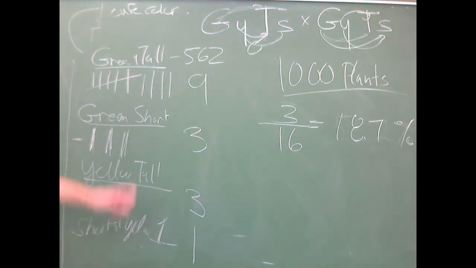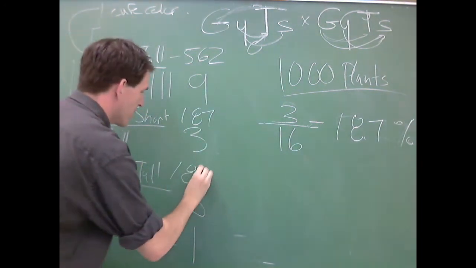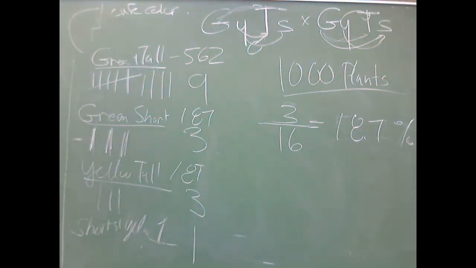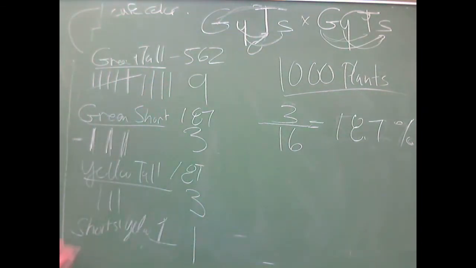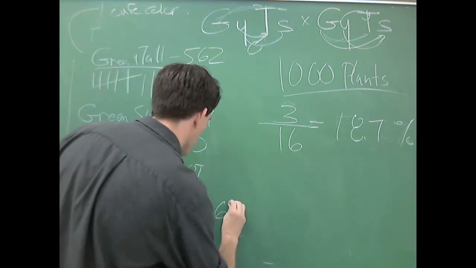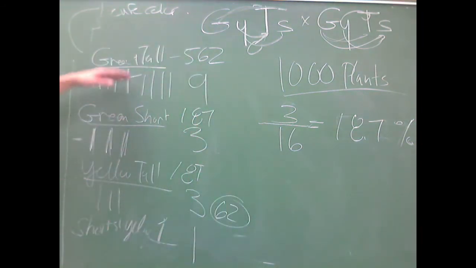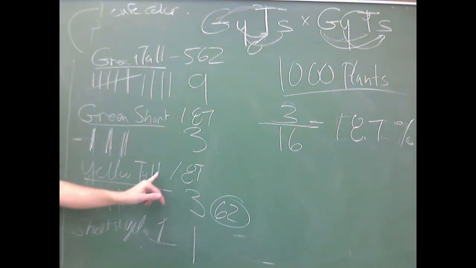So I'd expect how many to be green and short? 187. Correct. And then the other one is what? 1 divided by 16 is 6.25, or about 62 would be yellow and short. Okay, so I'd expect 562 to be this, 187 to be this, 187 to be this, and 62 to be that.